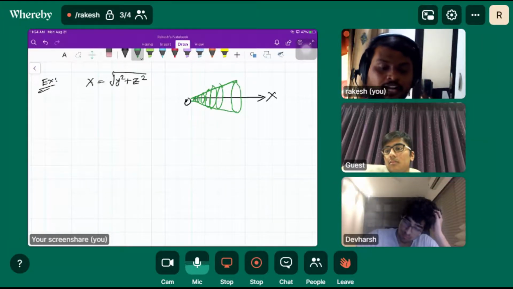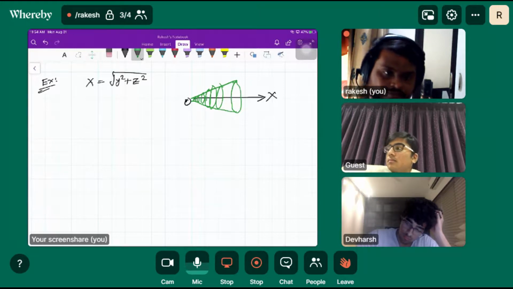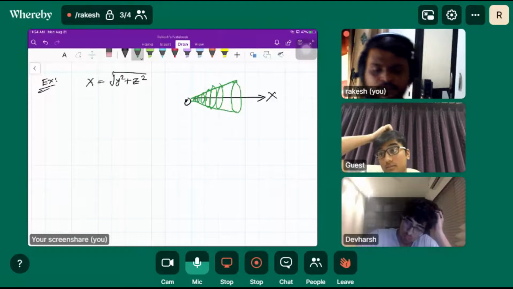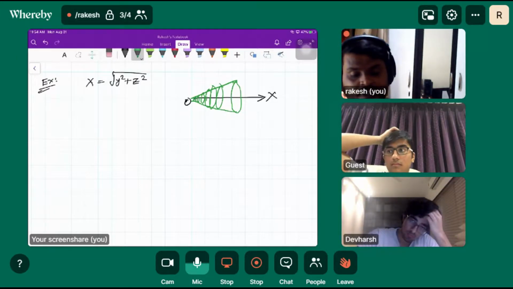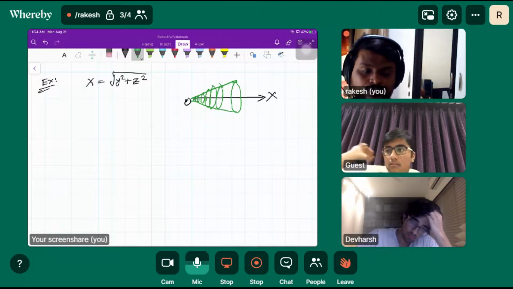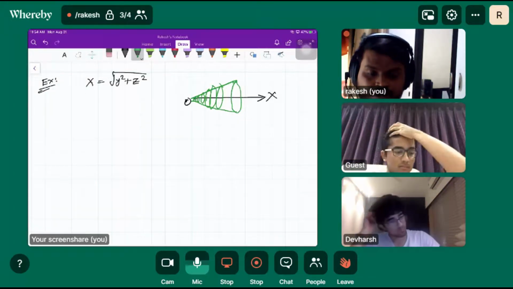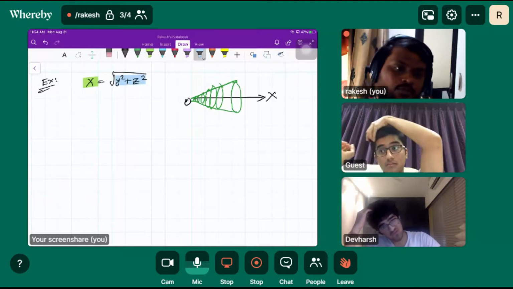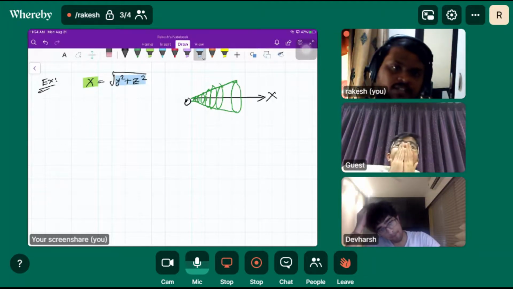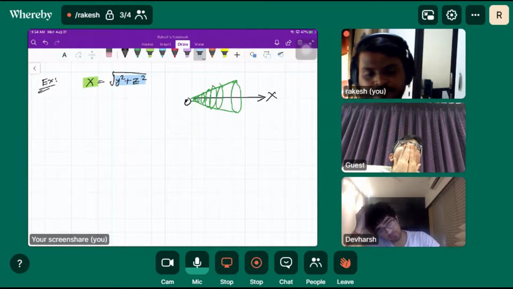So the question is, how do we convert this in terms of parameters? For a function that is already solved for a variable, see, this x is already solved in terms of two other variables. So we take the other variables as u and v.